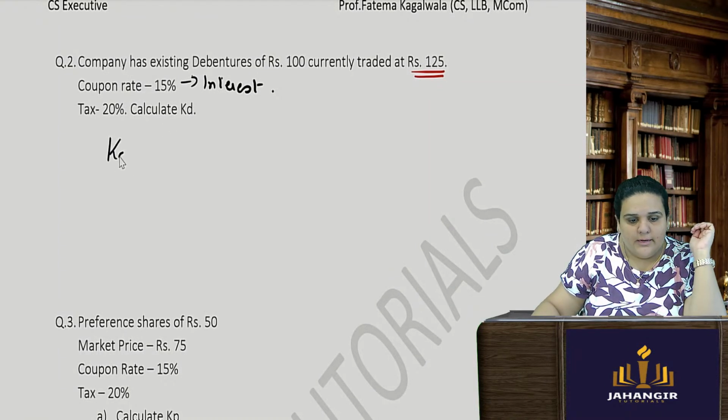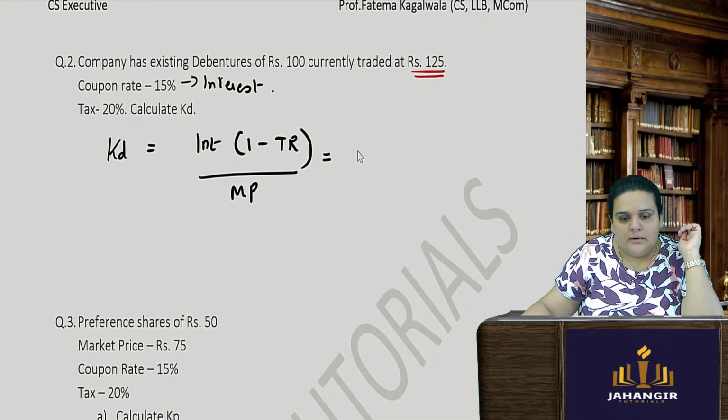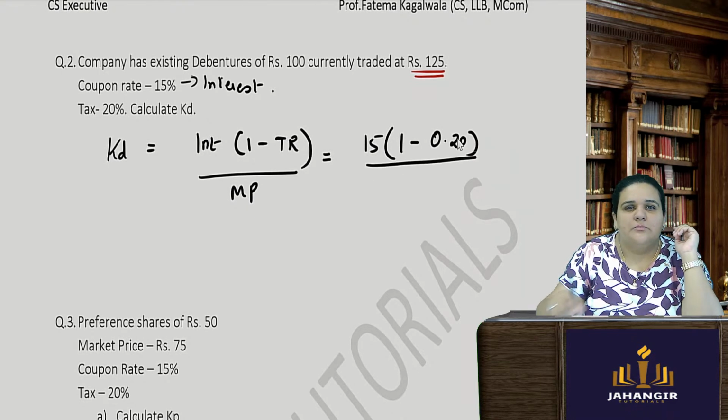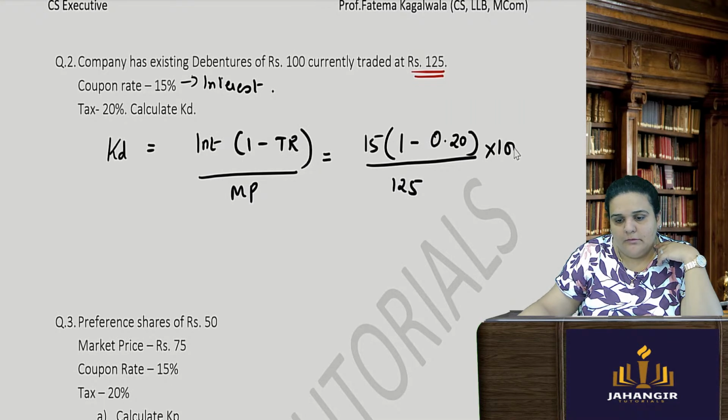So Kd is nothing but interest into 1 minus tax rate, upon market price. Interest is 15% of 100, so 15. Then 1 minus tax rate, 0.25, upon the market price 125, into 100. This will come to 9.6%.